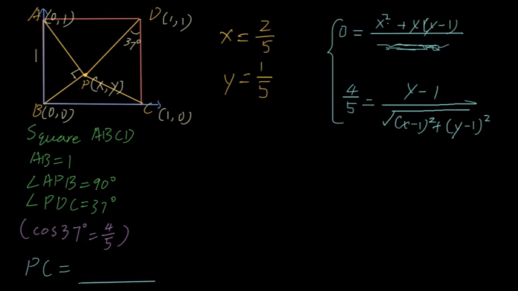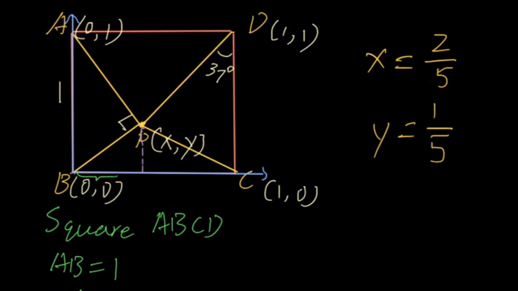Now we have the coordinates of point P. So that means if we cast its shadow on the x-axis, this part is 2/5, and this part is 1/5. That means this part is 3/5, it is 1 minus 2/5, that is 3/5.